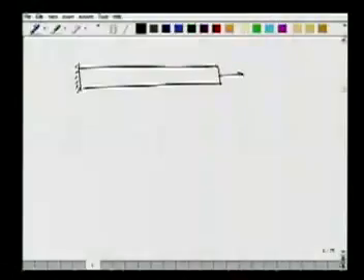Similarly, I may have another problem where I will have a bar, I can give it an end load P, no problem, but the bar is now made of different materials. That is, there is one material here, another material here, another here, another here.